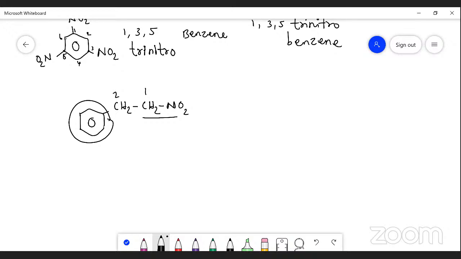The second position is occupied by a phenyl group. So if you take this compound, the second position is a phenyl group, so you choose the prefix 2-phenyl. And the first position is occupied by NO2. That is also a prefix, because we are choosing the nitro group as a prefix. 2-phenyl, 1-nitro.